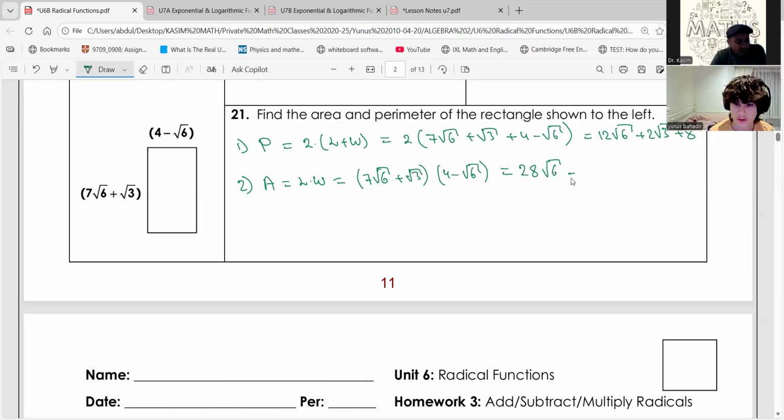Minus 3 square root of 2, minus 42, right? Wait, 4 square root of 3. Well, I got positive 4 square root of 3. Yeah, it's positive, because square root of 3 times 4 here is positive, right? Positive.